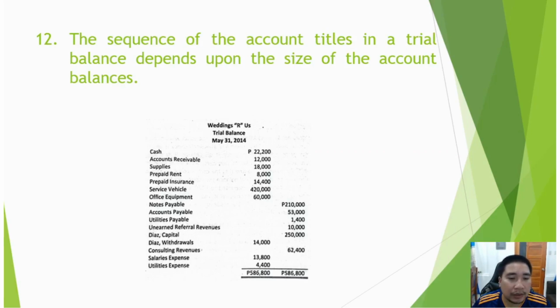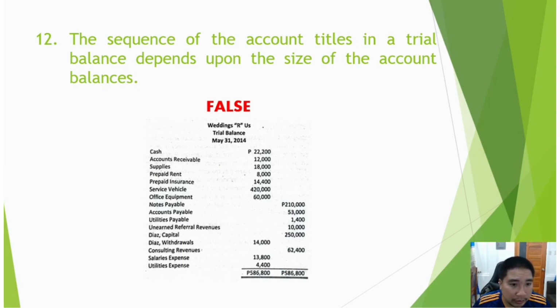The answer is false. Number 12, the sequence of the account titles in a trial balance depends upon the size of the account balances. The answer is false. Normally, the sequence is based on the numerical code that you can find in your chart of accounts. Now, if that is not available, then you would notice that most trial balances are presented in a way where balance sheet accounts are listed first, followed by the income statement accounts.